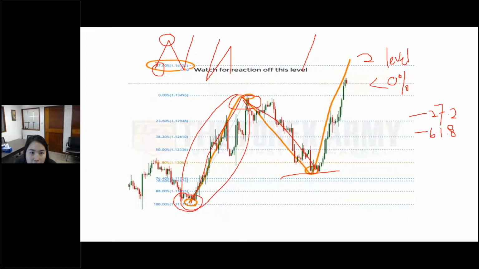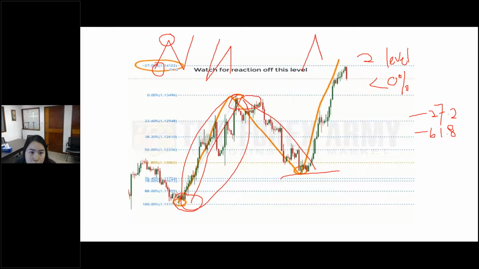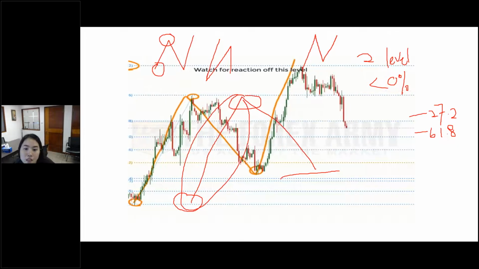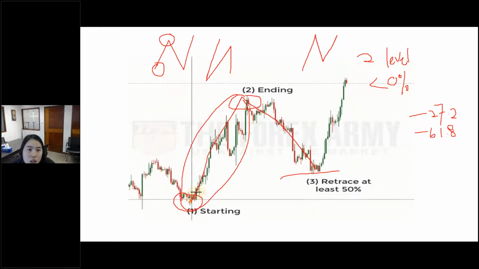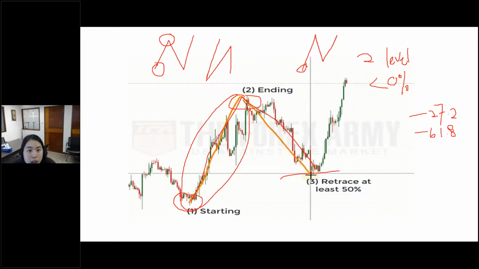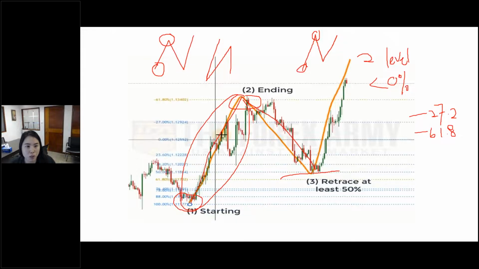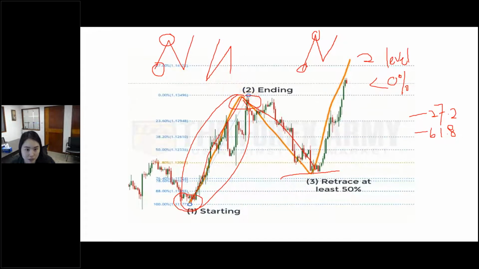It needs to come back at least 50% of that movement and continue with that zigzag pattern for it to be a valid Fibonacci expansion. You guys can Google Fibonacci expansion. I can assure you won't find a lot of information on it, because here at Everest Fortune Group, I think we were the ones who wrote it down and made the rule clear. Because when I type Fibonacci expansion online, the first few that come out are the Forex Army.